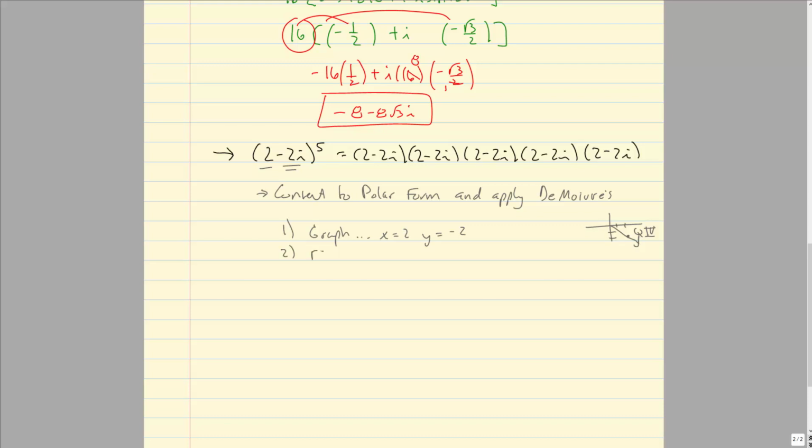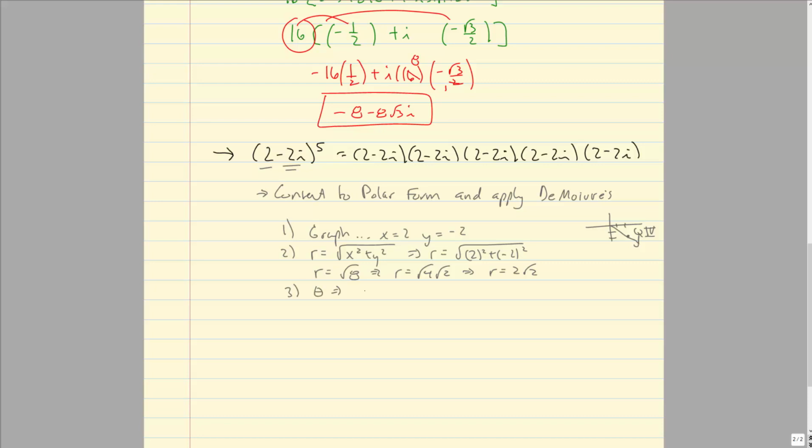Second step, we're going to find r. r is the square root of x squared plus y squared. 2 squared plus a negative 2 squared, and again put parentheses around that negative sign. 2 squared is 4, 4 plus 4 is 8, so this is the square root of 8. But 8 has a factor that's a perfect square, so this is simplified to root 4 root 2. And the square root of 4 is 2, so r is 2 root 2 here.